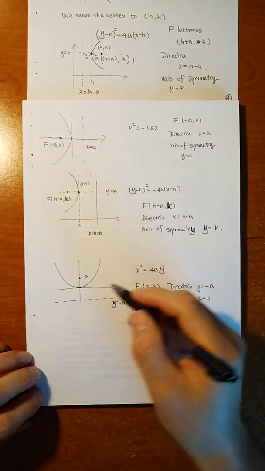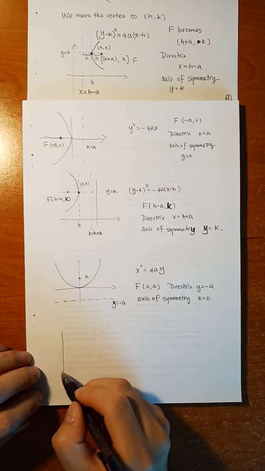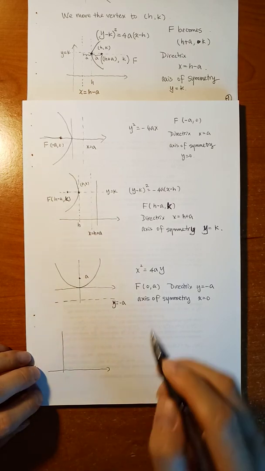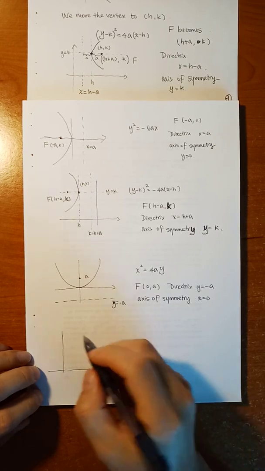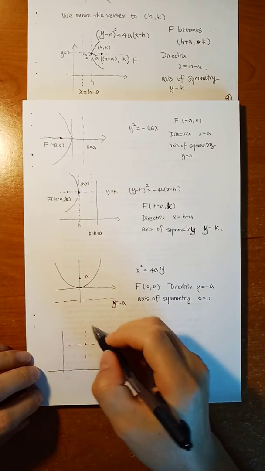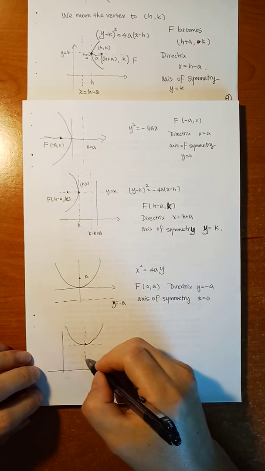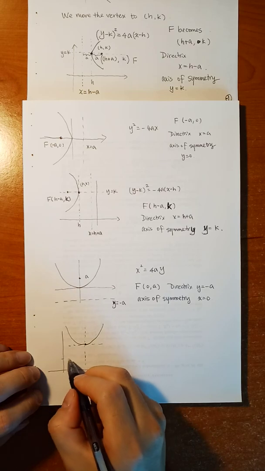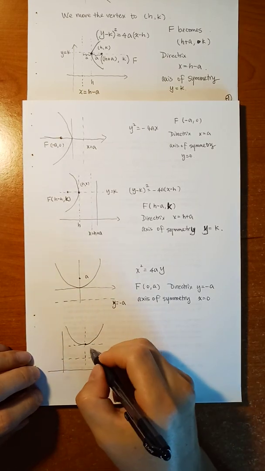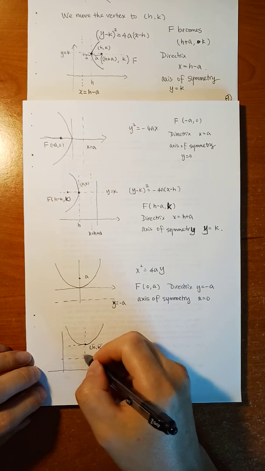Okay, and then we move it to a different place. This is h, k, and now the vertical direction is a.